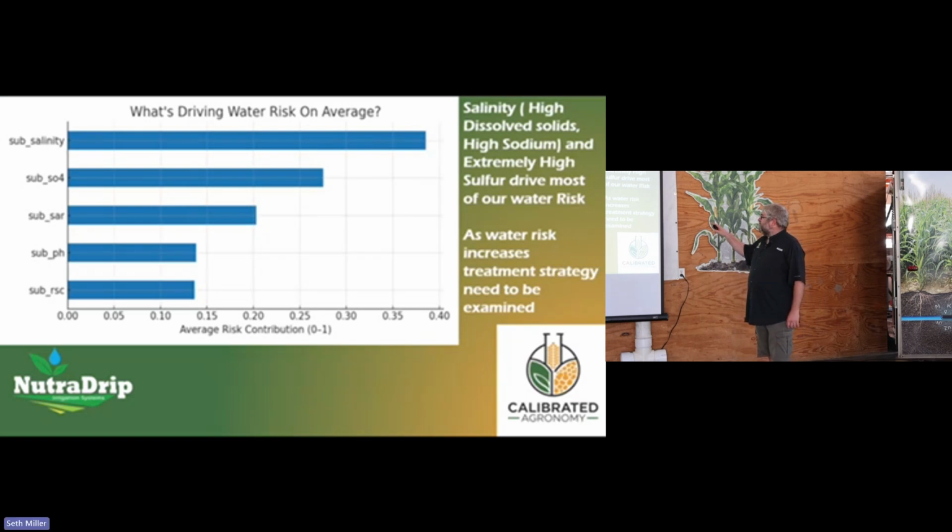As we increase our water risk, that's when we start to have trouble with amendments. And once we get into these really poor quality waters, let's use the term remediation versus amending. We've seen this in a lot of the data where we've had poor quality water going on the soil over and over and over again. We're building up.